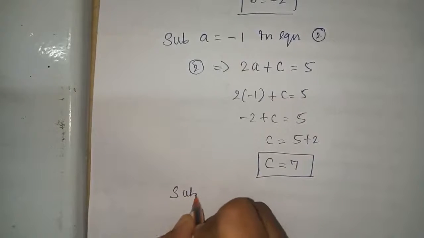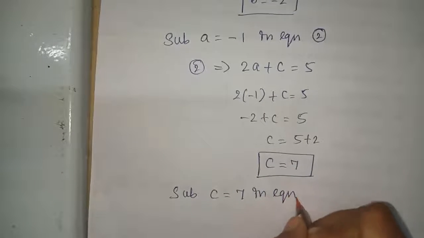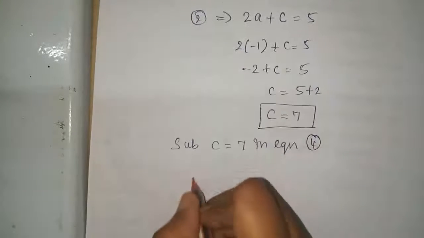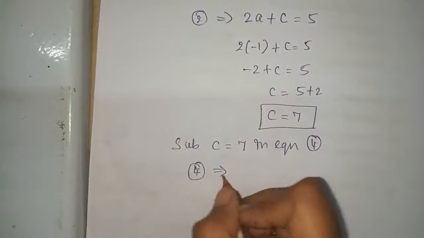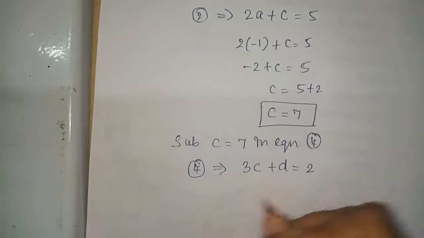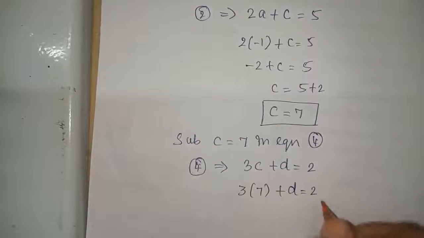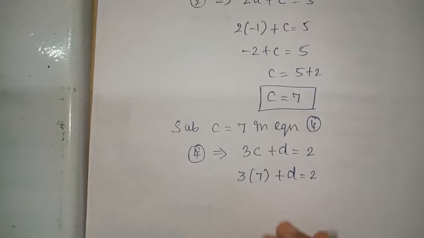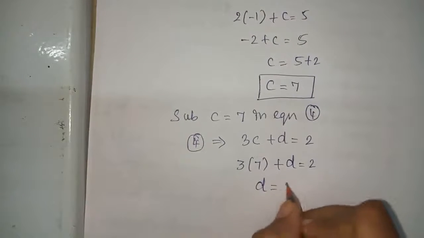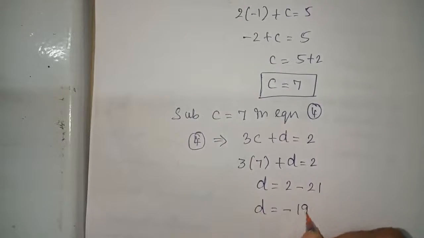Next, substitute c equal to 7 in equation number 4. Equation 4 implies 3c plus d is equal to 2. So 3 into 7 plus d is equal to 2. 7 threes are 21. So d is equal to 2 minus 21. So the d value is minus 19.